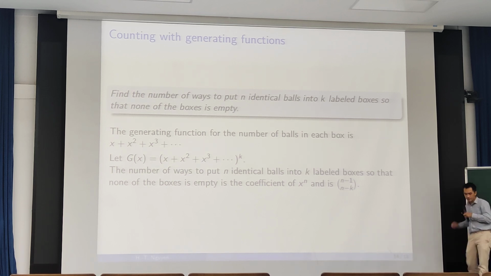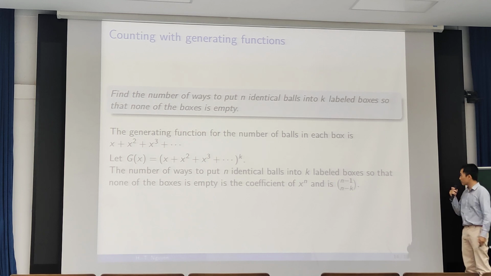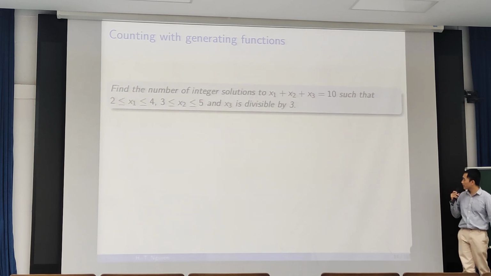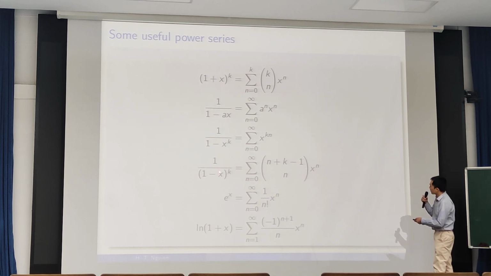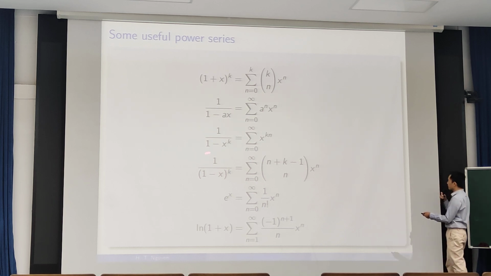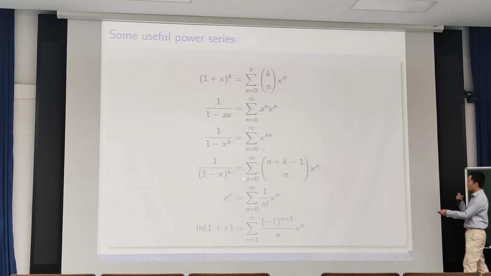Now we don't have to redo the calculation because we already have our cheat sheet here. So this corresponds to this one, which is 1 minus x to the power minus k.